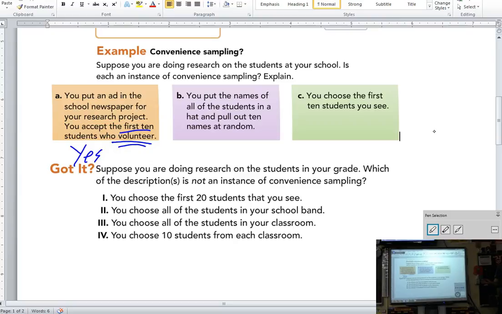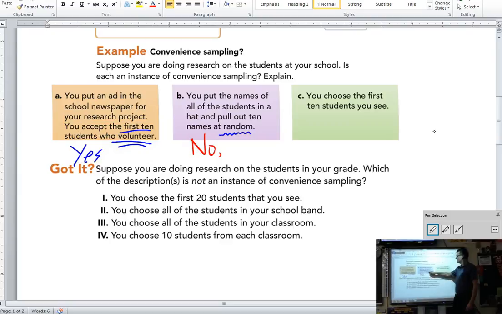Is he here? To ask him your question, what would you need to do? You need to go find him. I don't want to do that. And that's not convenient. So this actually is not convenient, but it is random.